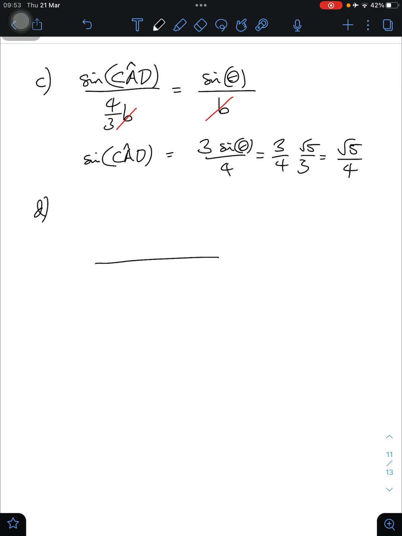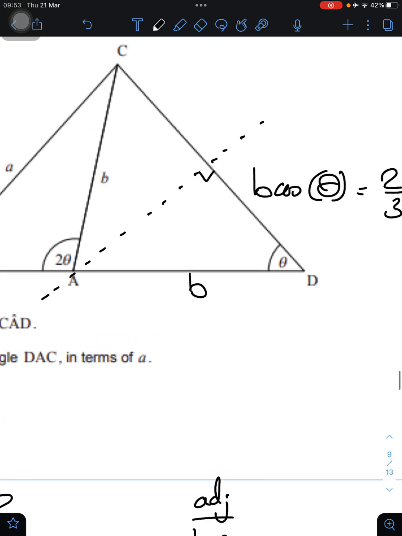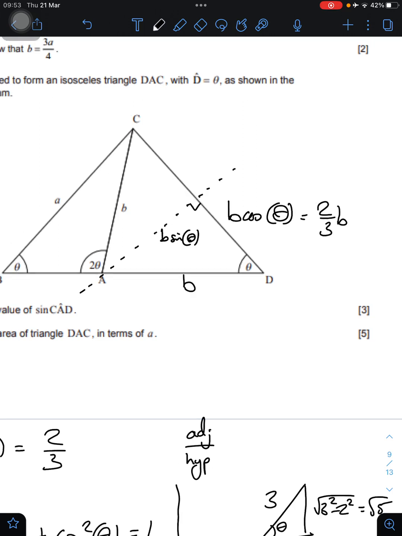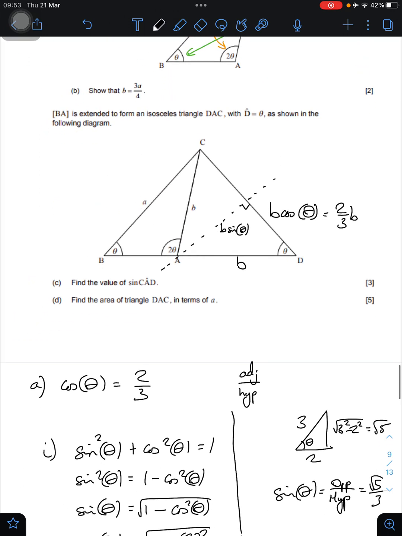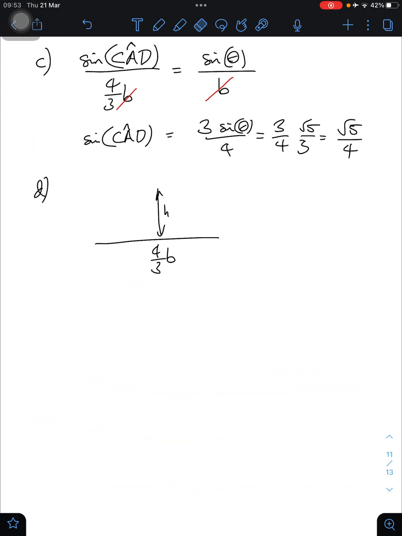So it's part D. Our base here would be 4 over 3b, and our height is what we need to find out. So we've got a triangle up here that we created, and so we know that our triangle would have height b sine theta by the same extension of the triangle that I was using earlier. So this is b sine theta.